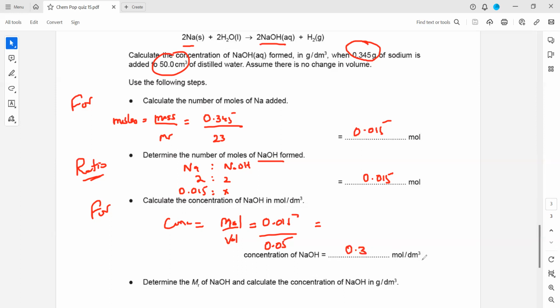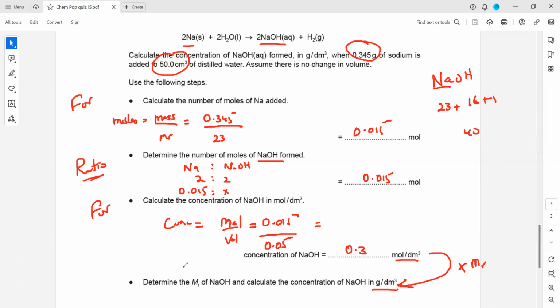And then we need to convert the concentration from moles per decimeter cube to grams per decimeter cube. The simple rule: you multiply by molar mass. What is the molar mass of sodium hydroxide? You need a periodic table for that. Sodium is 23, oxygen is 16, and hydrogen is 1. When you add, you will get 40.